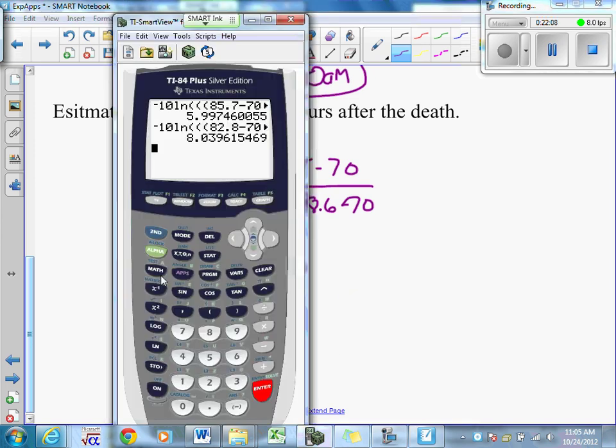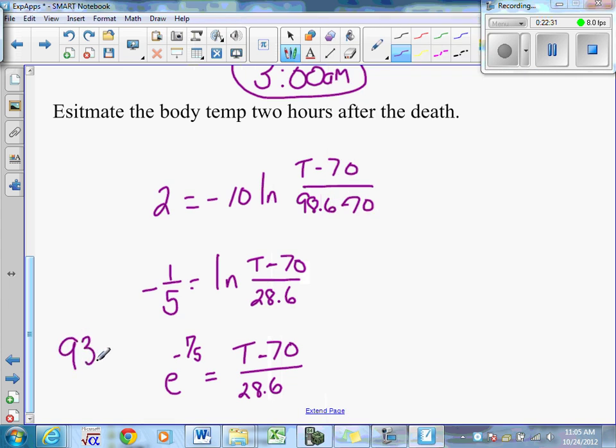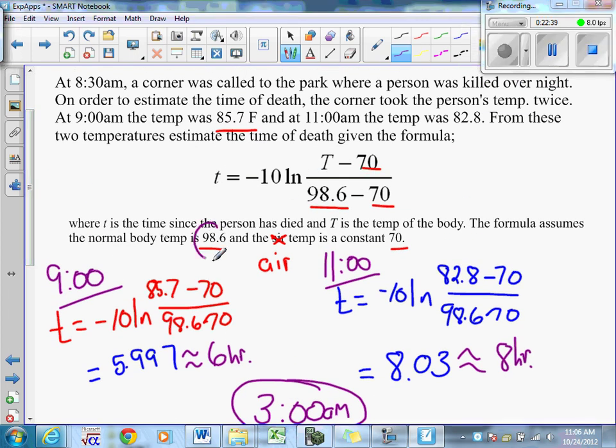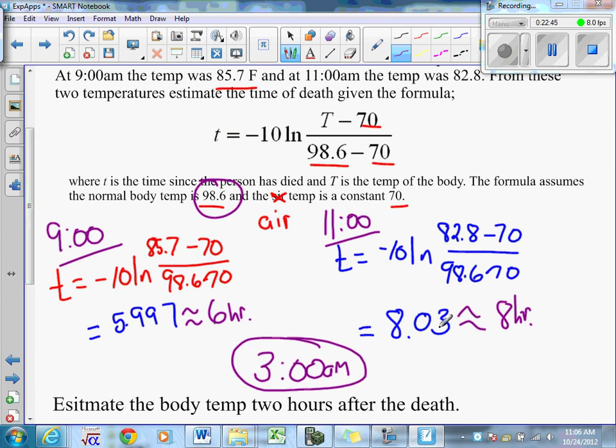I can multiply e to the negative 1/5 times 28.6 plus 70, which is what I had to go through to solve the equation, and get 93.41. Which makes sense, because at death it was 98.6. 2 hours later it's dropped a little bit. 6 hours later it's dropped more. And then 8 hours later it's dropped more. All right.